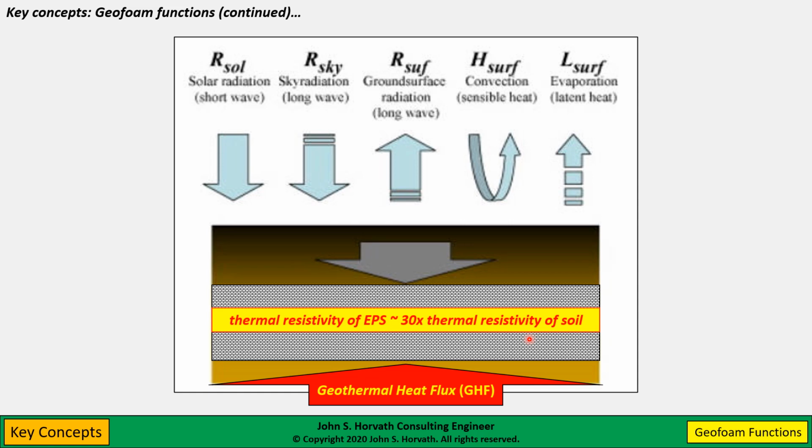So in very simple terms, if you put 1 meter, roughly 3 feet of block molded EPS in here, it is going to have the same thermal effect in terms of heat flux, heat flow, as about 30 meters or 100 feet of soil. So a little bit goes a long way to disrupting this equilibrium point.